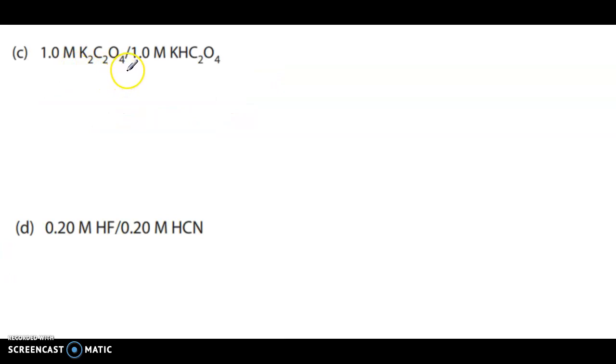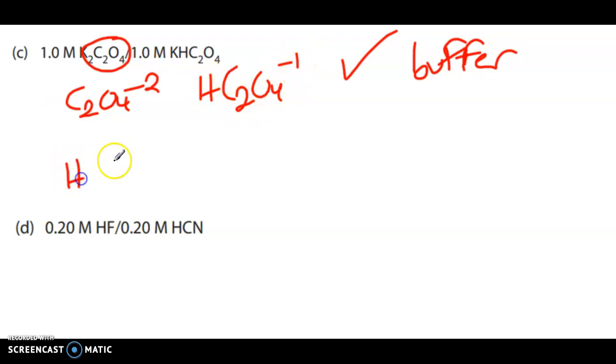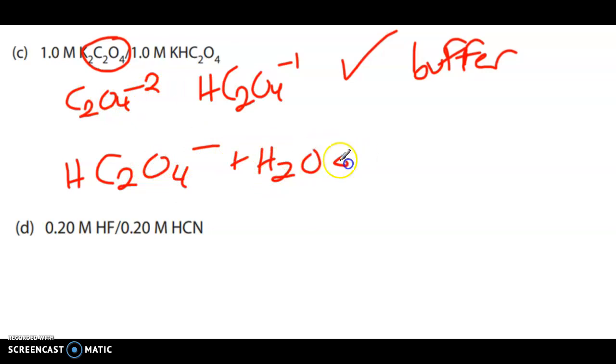For C, we have K2C2O4, so we have the oxalate anion, which is considered to be a base, and we have potassium hydrogen oxalate. So this one actually can, yes, be a buffer. And the reason why is because this HC2O4 ion can behave like a weak acid, right, if we were to write out this equilibrium.